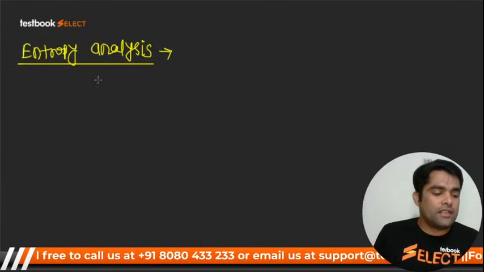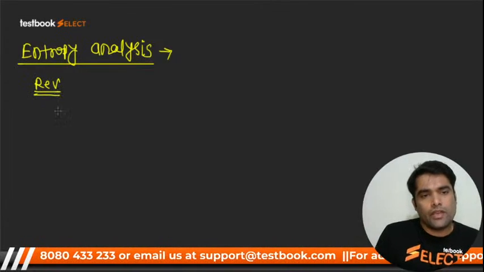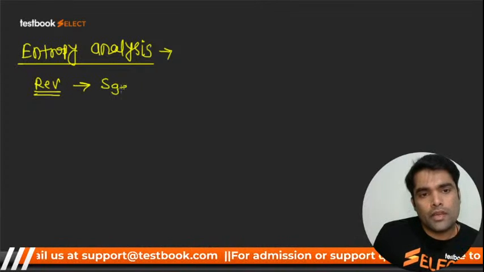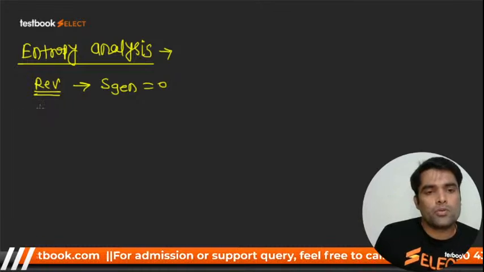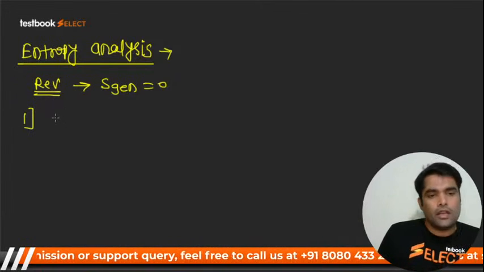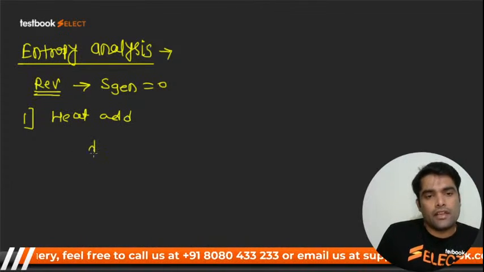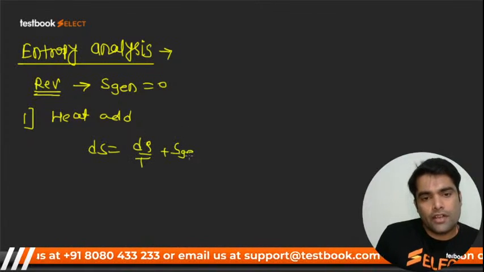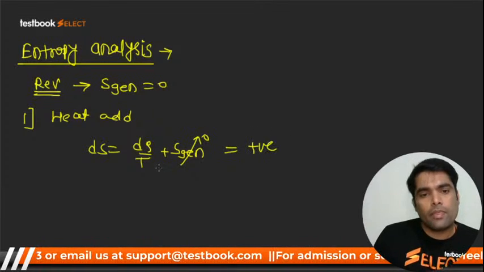So my dear, suppose I took a reversible process, reversible मान रहा हूँ. So entropy generation in this is 0. And remember one thing, suppose I have taken one process, that is heat addition. In heat addition, ds will be dq by T plus entropy generation, which is 0, so that means ds will be positive.